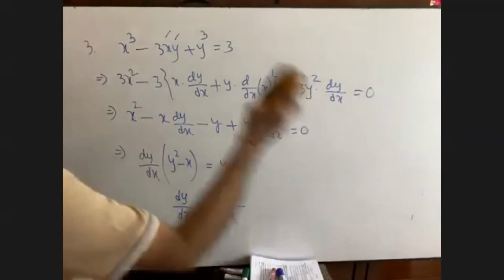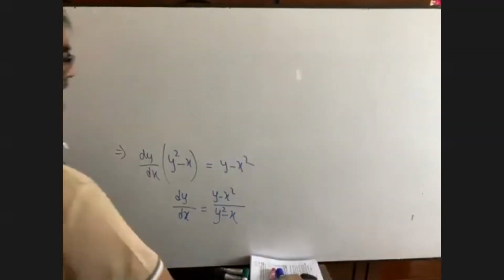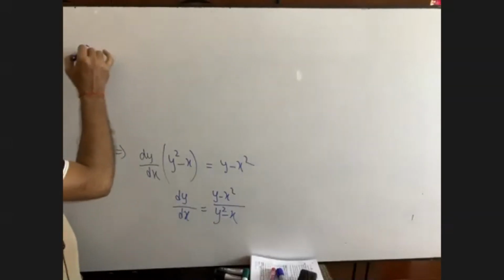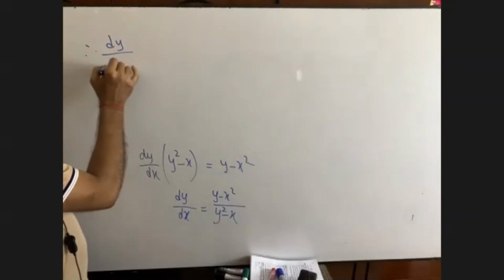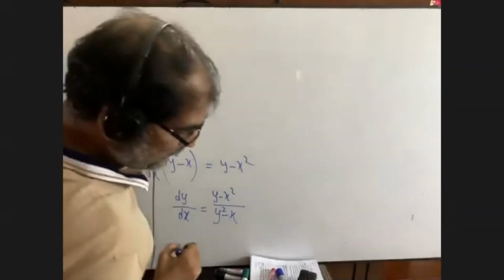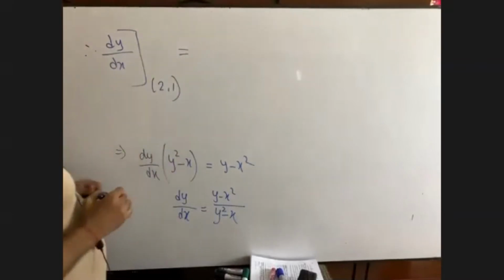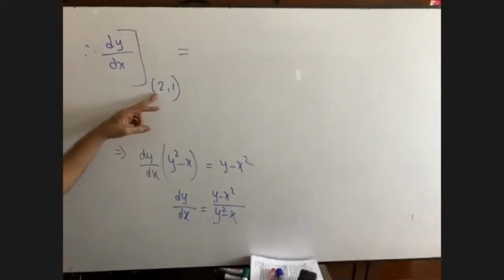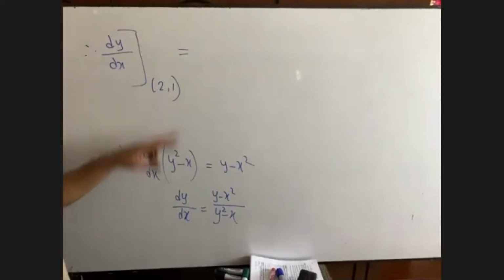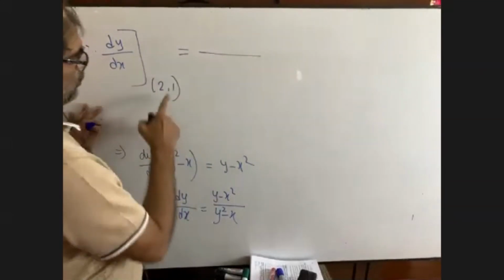Now, you please try to understand. Therefore, dy by dx at the point (2, 1) equals what? What is meant by this? Its meaning is the value of x is 2 and the value of y is 1. You put y equals 1 and x equals 2.